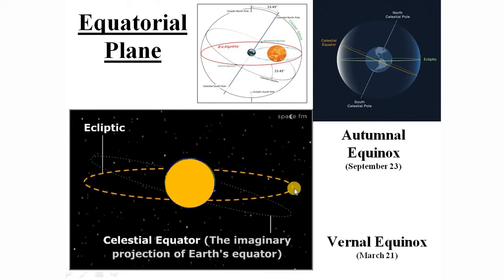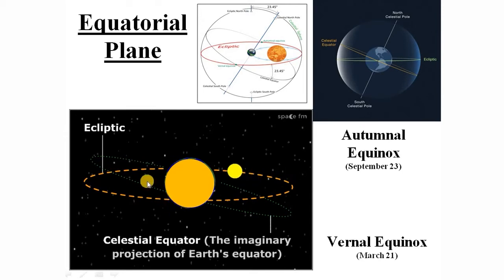From the figure you can see that the equatorial plane and the ecliptic plane are not the same. The equatorial plane is shown in the green dots, whereas the ecliptic plane is shown with dashed lines. They are not parallel, and instead they intersect. So you get two intersecting points.